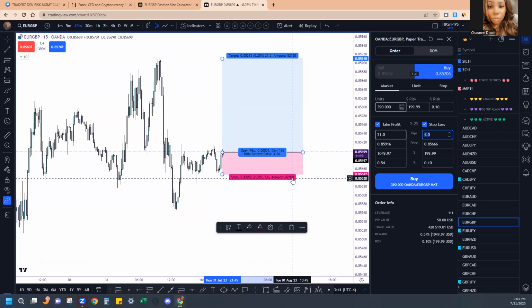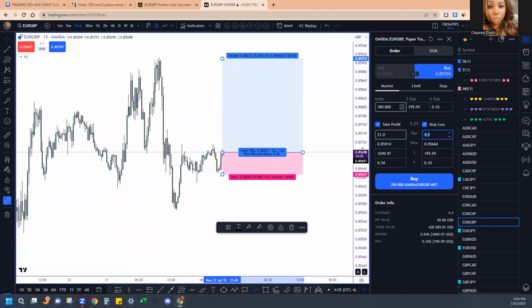Is 1 pip a 0.0001 change in price? I'm still trying to figure that out sometimes, because I know some pairs don't have 5 digits behind their decimal. Some have 3, some have, I think, even 2. So I can't say that for sure.